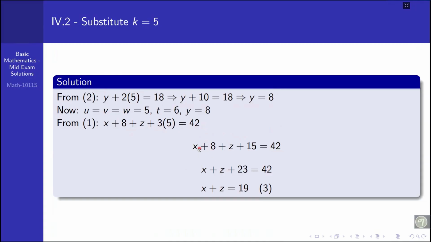So X plus 8 plus Z plus 15 is equal to 42, and 8 plus 15 is 23. When I transpose this and subtract from 42, we have X plus Z is equal to 19. Let us call this the third equation.